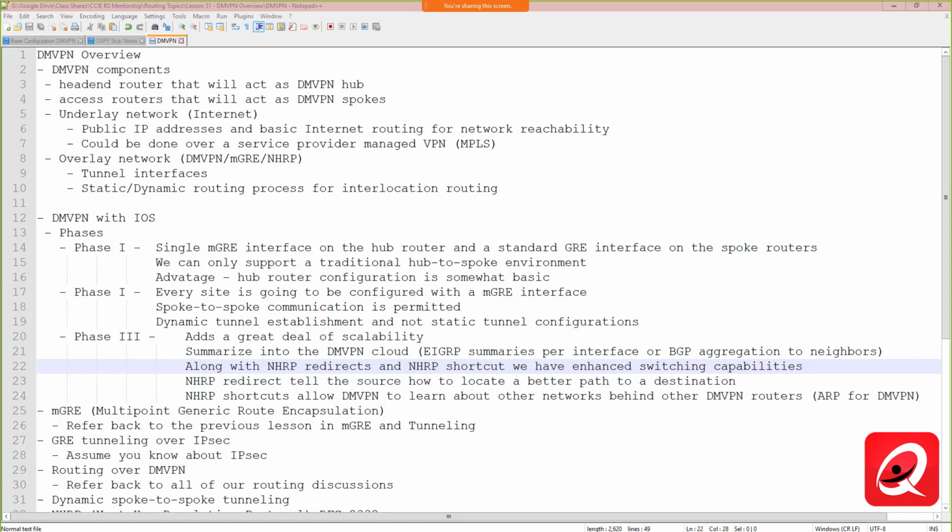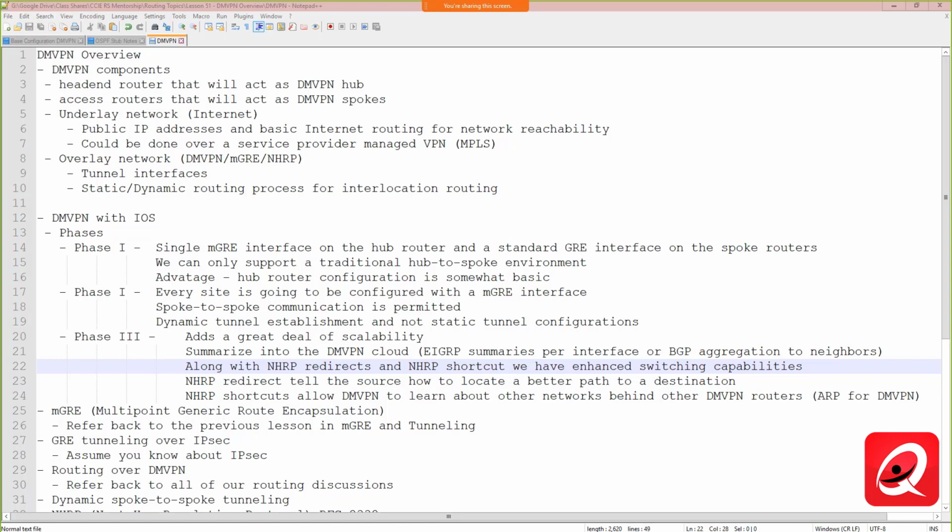So why do we use DMVPN? I think you guys have a pretty good understanding of that from our previous discussion, or even prior to what we talked about in the last lesson, which is it allows us to establish a secure, dynamic, and scalable VPN solution independent of the service provider access method, whether we're using the internet, whether we're using MPLS, or other methods for creating this underlay network that allows the point-to-point communication between the DMVPN components, the NHCs and the NHS, right?